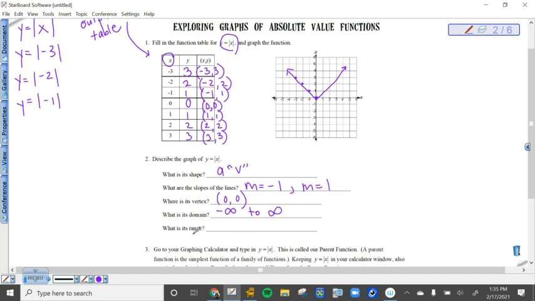So, talking about this function, could we ever get a point down here? Why not? It's a good guess. They crashed at the 0, but also, can the absolute value of a number ever be negative?